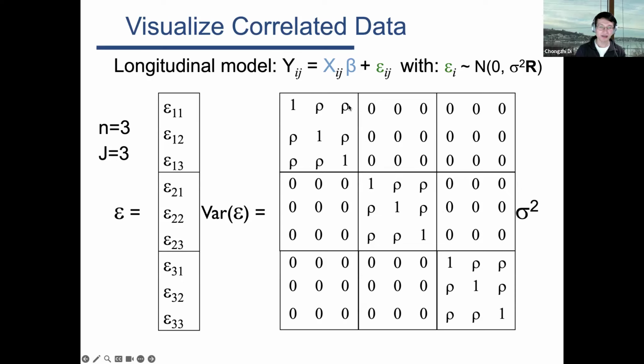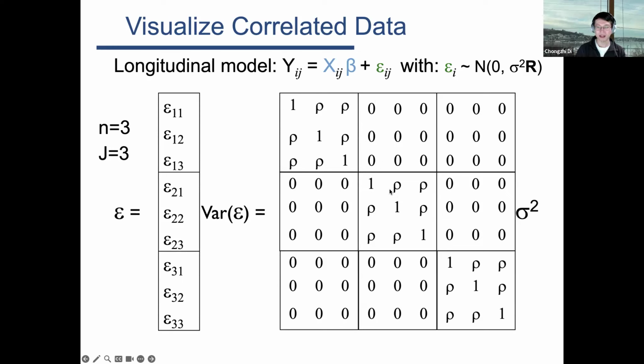But within subject 1, we know that it's not diagonal because there's within subject correlation here, right? Within subject 2, similar story. For subject 3, similarly. So if you look at the whole variance covariance matrix for all three subjects, you will see that the overall structure is block diagonal.